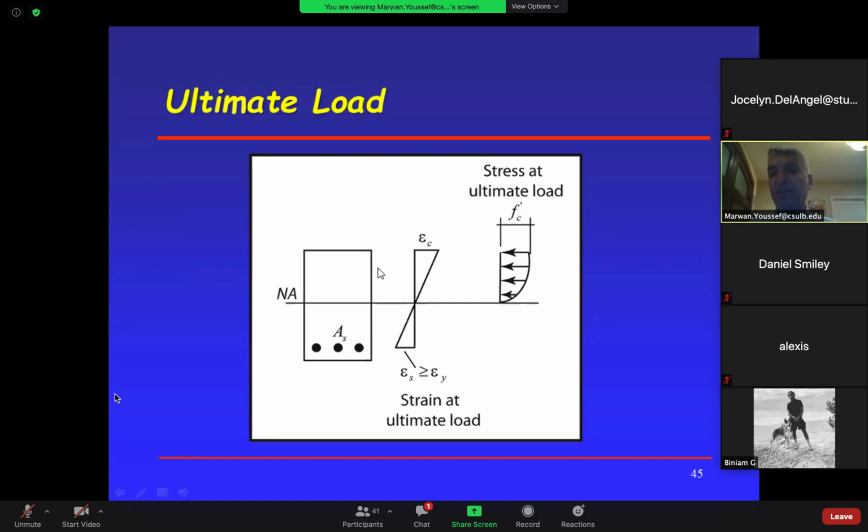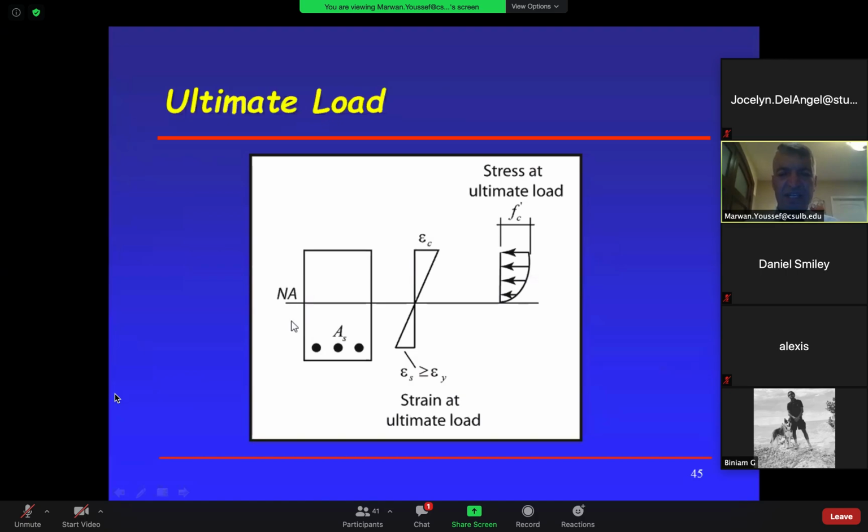We know from strength of materials, stress equals E times strain, as stress equals modulus of elasticity times strain. So we can easily get either stress from strain or strain from stress, once we know the modulus of elasticity, which we know because it's a material characteristic. We said for concrete it is 57,000 square root of F prime C.